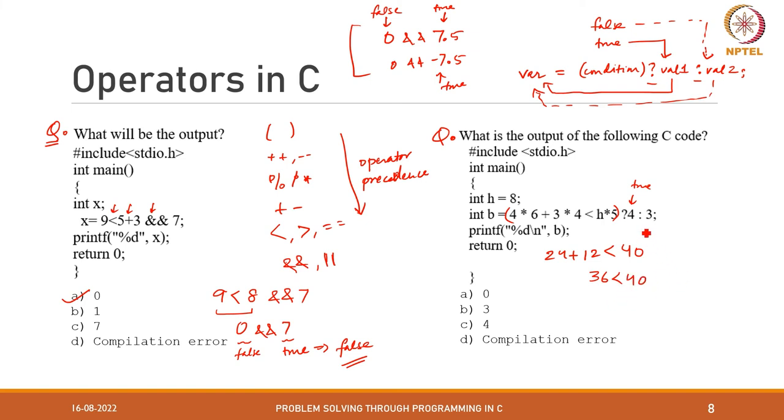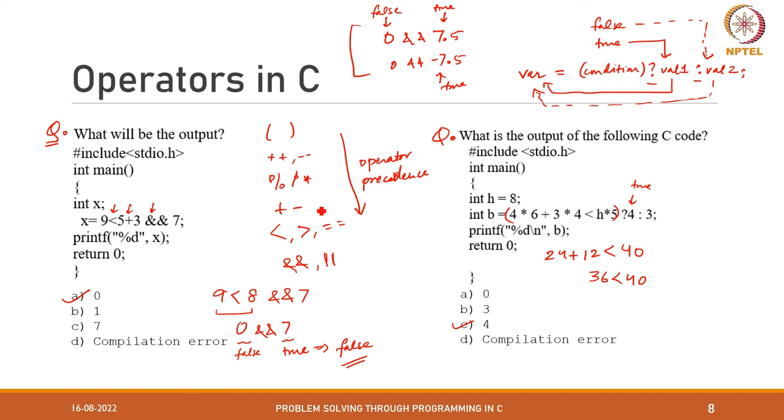So was everyone else able to follow this? If you go into operator precedence, here I have written the operator precedence. You see the multiplication operation has a higher precedence than the addition operation, as well as the relational operation, that is less than or greater than.